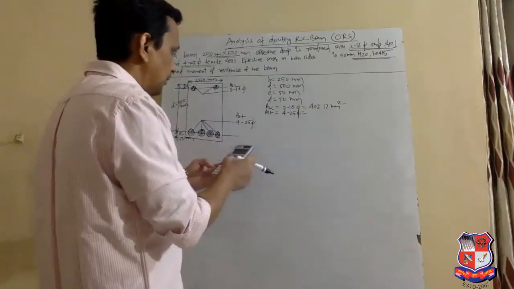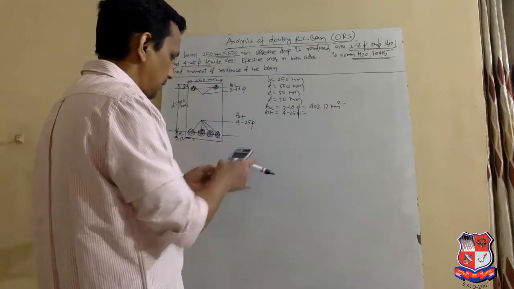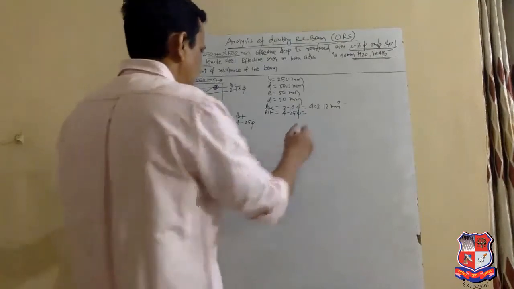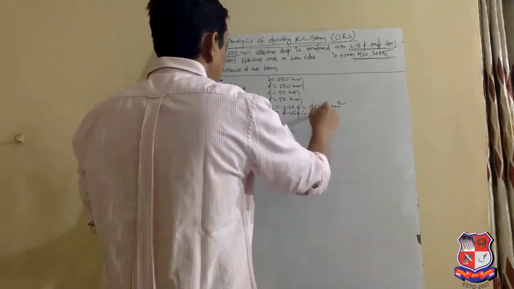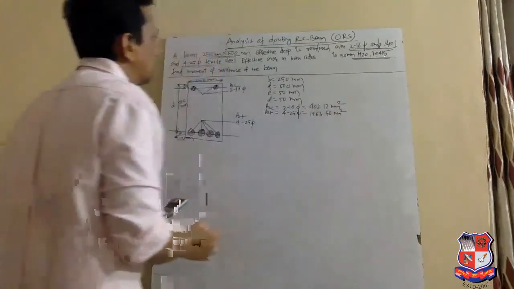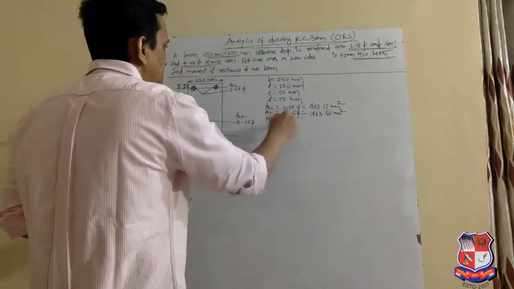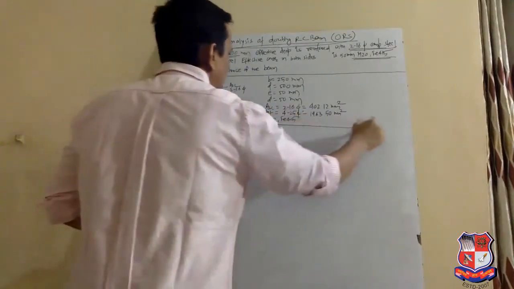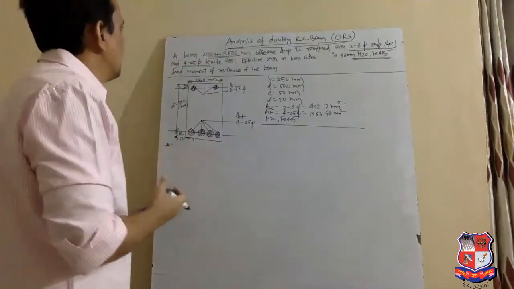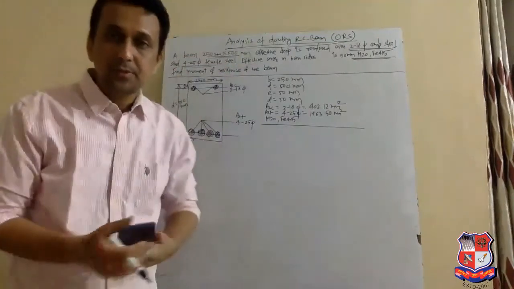So we get 4 into pi by 4 d square, pi by 4 into 25 square into 4, 1963.50 mm square, M20 and Fe415. What we need to find is the moment of resistance of the beam.